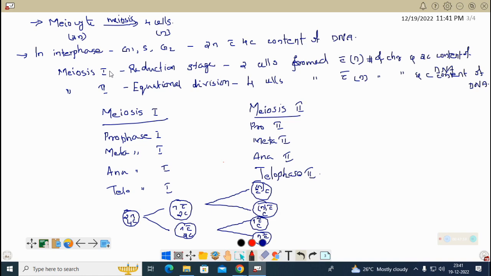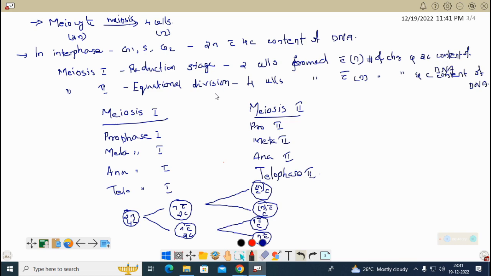Whatever division occurs, it will pass through interphase, and in interphase the G1, S and G2 phases follow, and 2n chromosomes with 4C content of DNA will be present at the last stage of interphase. Meiosis occurs in 2 stages as meiosis 1 and meiosis 2. Meiosis 1 is the reduction stage. 2 cells will be formed with a haploid set of chromosomes and diploid content of DNA or 2C content of DNA.